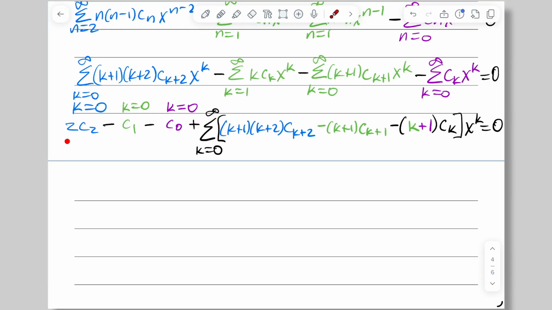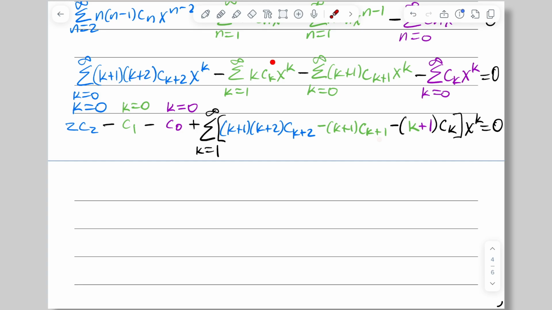That gave us 2c2 minus c1 plus c sub 0 plus the sigma that now starts at k equals 1. And inside of that, we have k plus 1 times k plus 2, c sub k plus 2, minus the quantity of k plus 1 times c sub k plus 1.